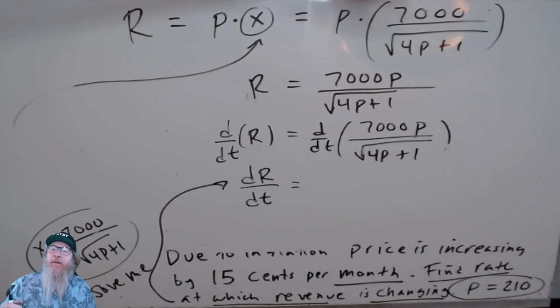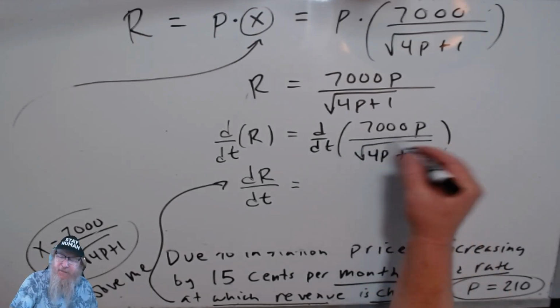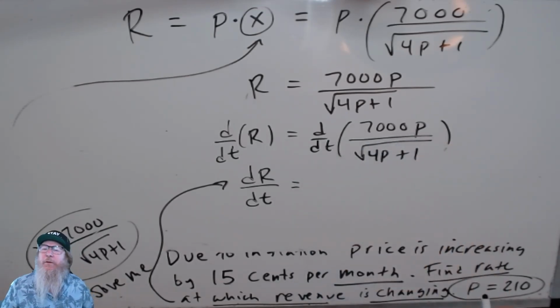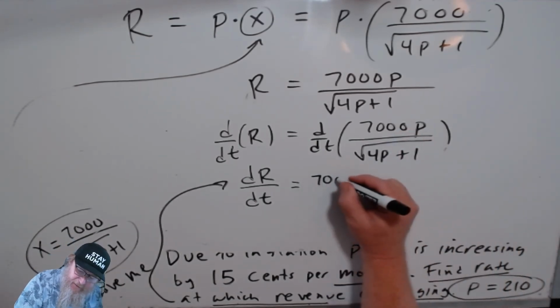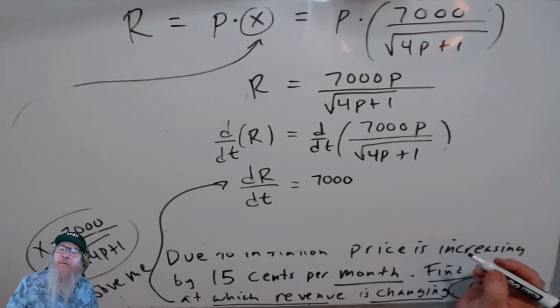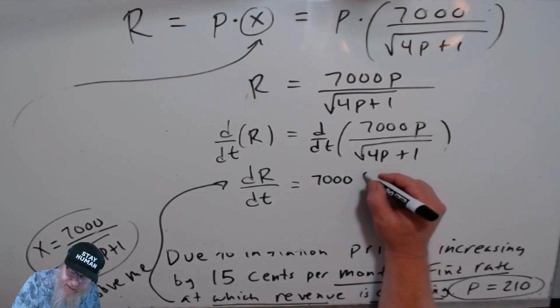All right. Now, let's go ahead and do it. This is pretty complicated because we have a quotient rule here. So we have the derivative of the top, which is going to be 7,000 dp/dt.